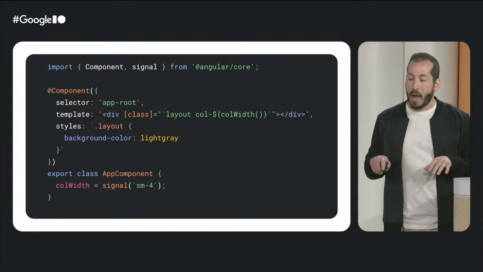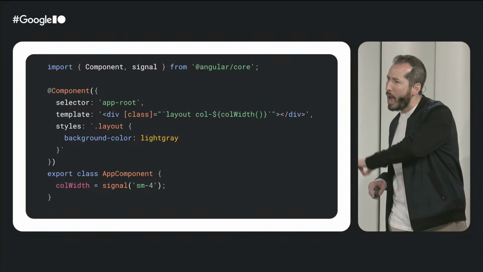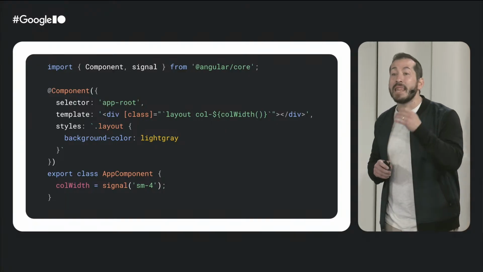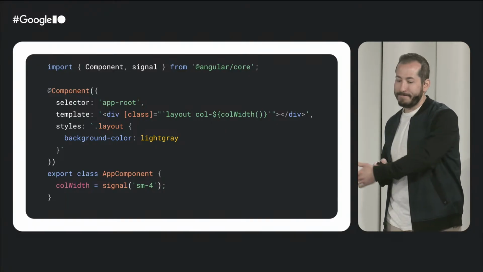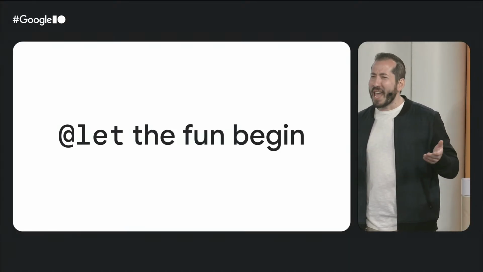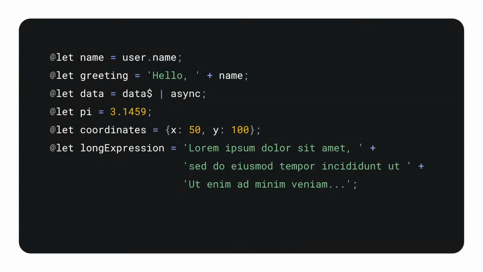And with this setup, we can easily change the column width by updating the col width signal while maintaining the layout class styling. And finally, have you started using Angular's new let syntax? We are listening to your feedback, and the new let syntax solves one of the community's most upvoted issues by enabling developers to define and reuse variables inside Angular templates.